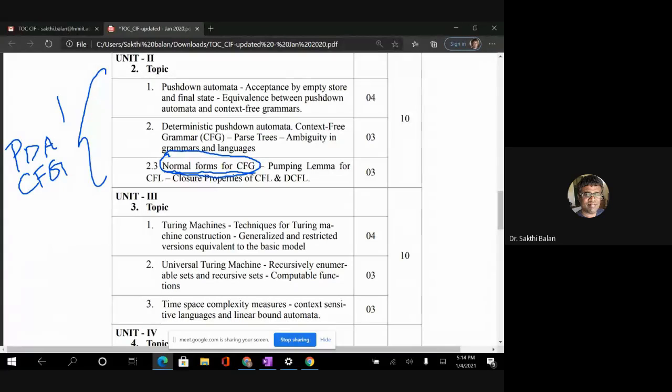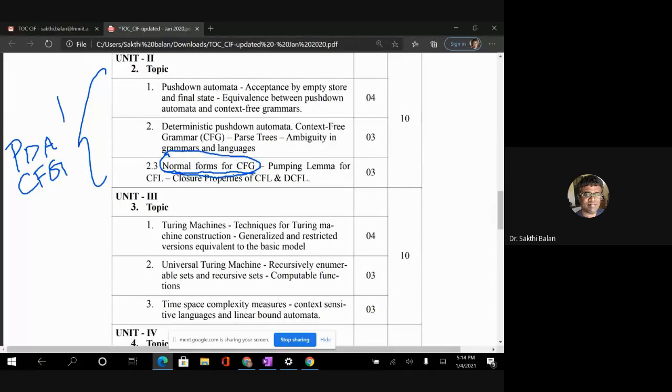All those normal forms will be defined here, and these normal forms are very, very important, because they have a lot of applications, especially in natural language processing, which I took the last semester. So these normal forms are very helpful for parsing algorithms and all.